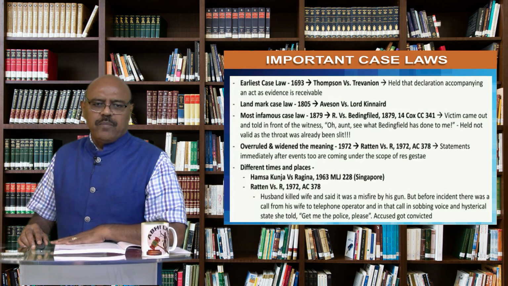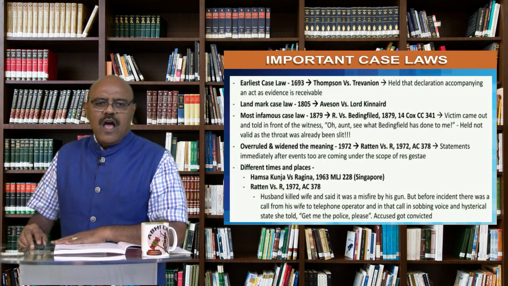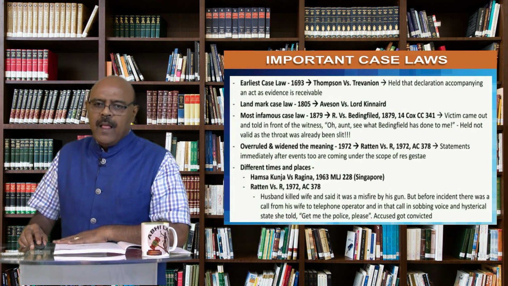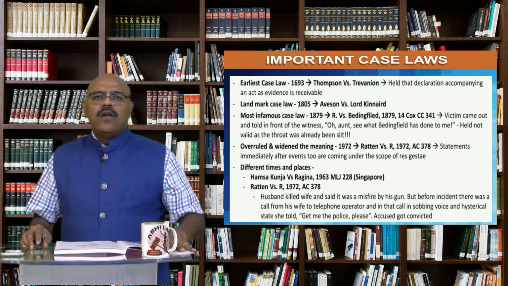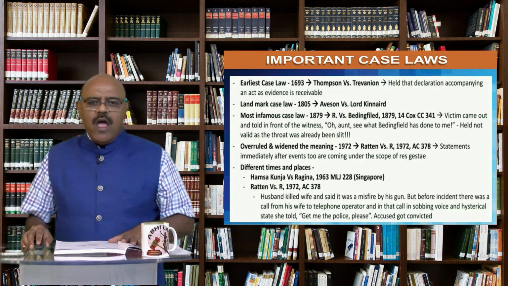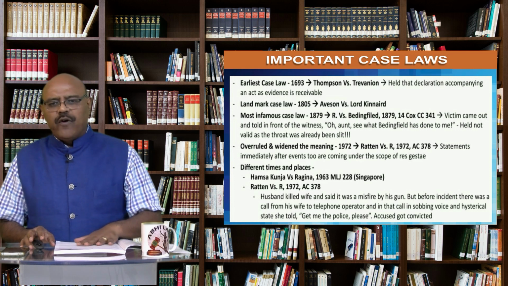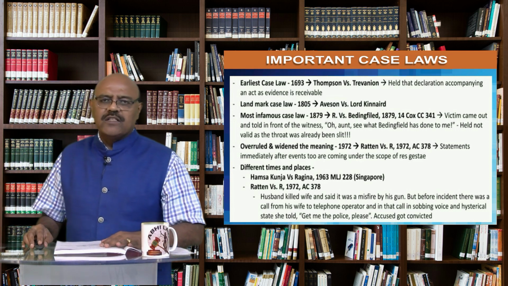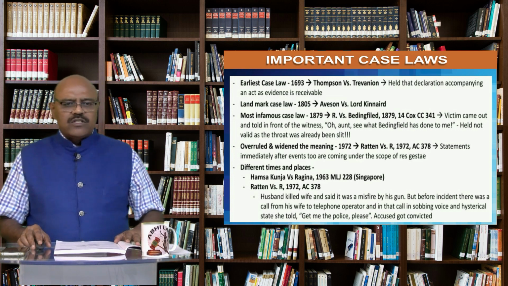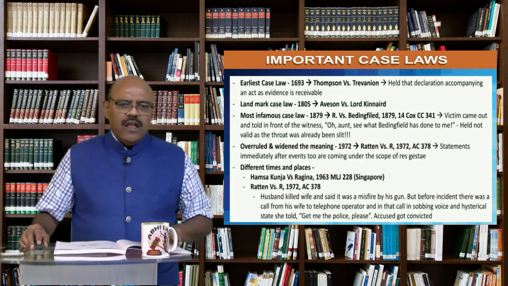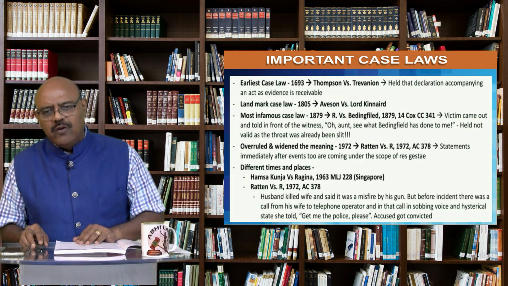Different times and different places. In Ratten versus R, a husband killed his wife and said it was a misfire of his gun. But before this incident, a telephone call was received by a telephone operator, and a lady was calling for help, sobbing, in a hysterical tone. She stated, "Get me the police, otherwise I will be killed."